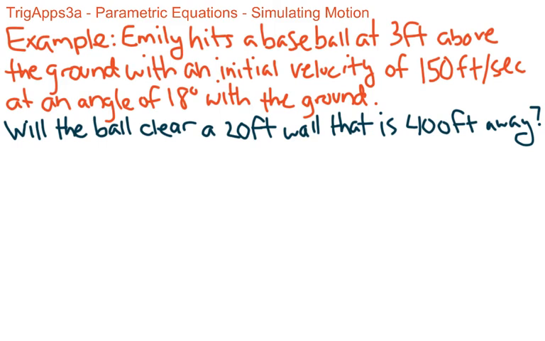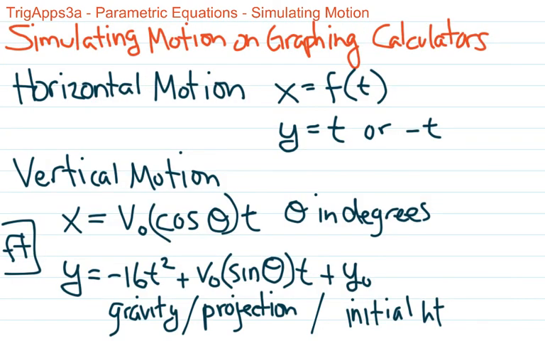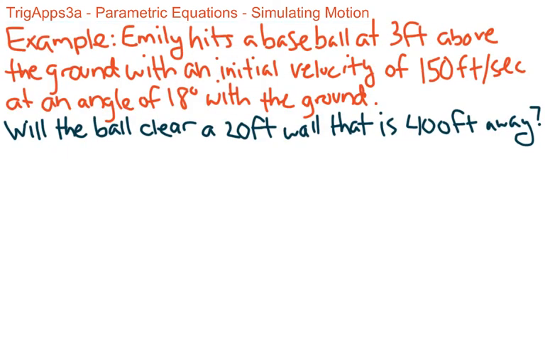All right, so now bring your attention back to those equations. We just need to create these equations based on the problem situation. I think this situation is really interesting. Somebody's hitting a ball and we're going to see if it's a home run. So let's see if we can hit this example out of the park. If you have this printed in front of you, I want you to underline 3 feet, 150 feet per second, and 18 degrees.